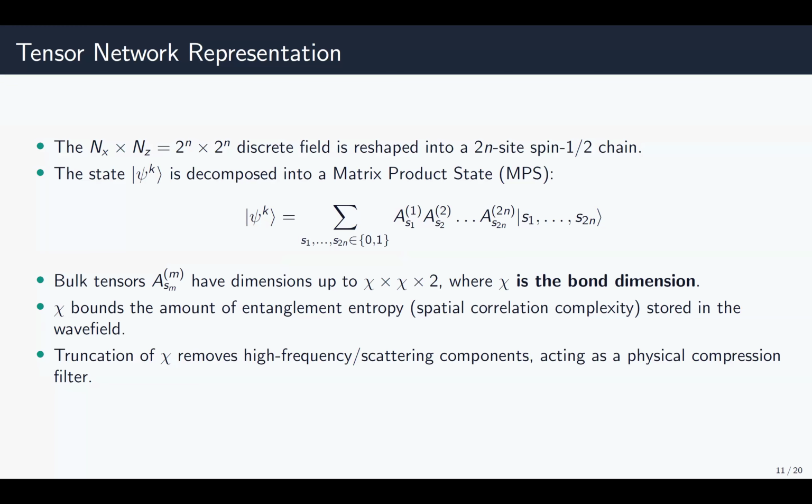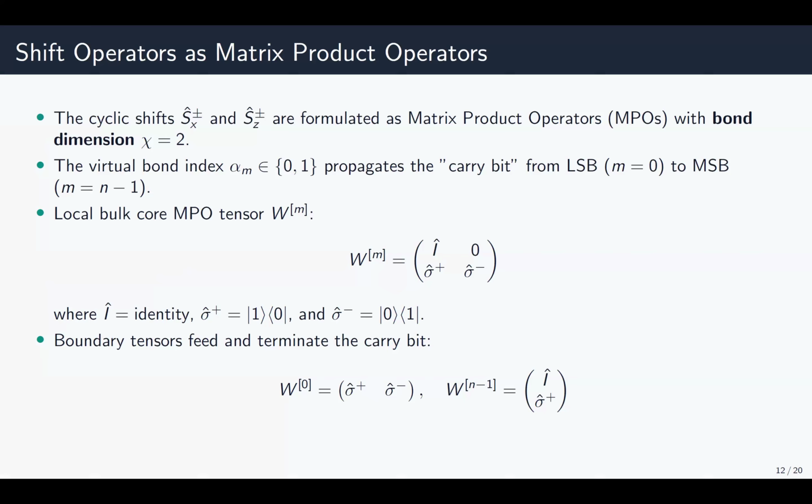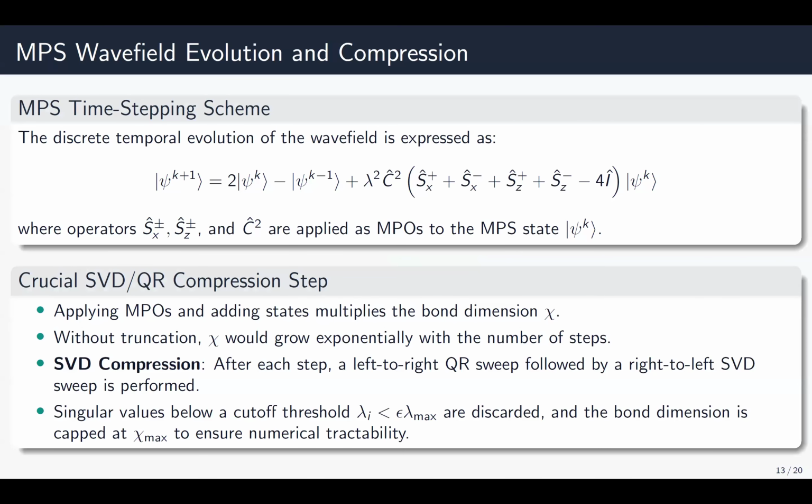In the tensor train representation, or matrix product state, you have this usual decomposition of the wave function, and you have a bond dimension for these matrices, which is chi, and you have chi by chi by 2 matrices here. You have to compress the wave field, you have to compress the velocity field, you have to implement the matrix product state operation of addition, etc. And then you get matrix product operators which carry out the same Laplacian.